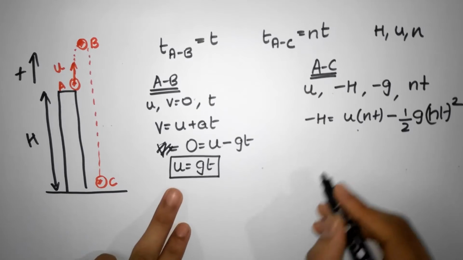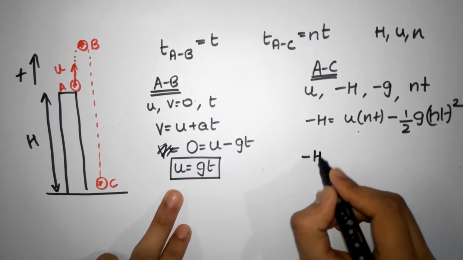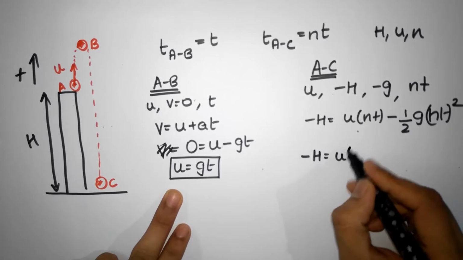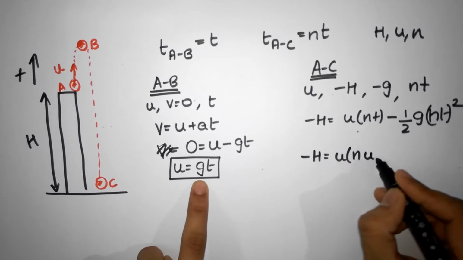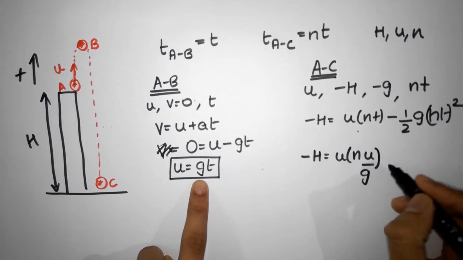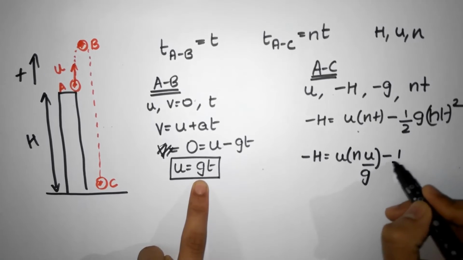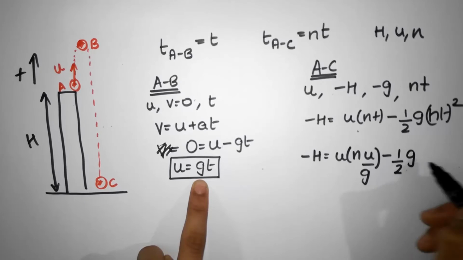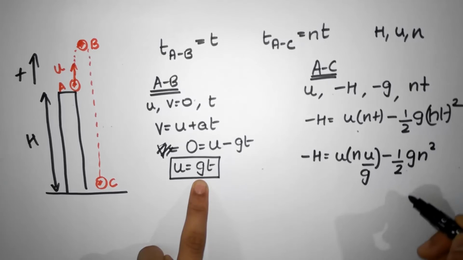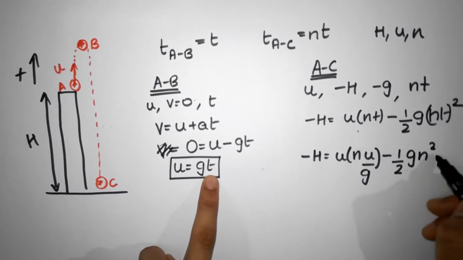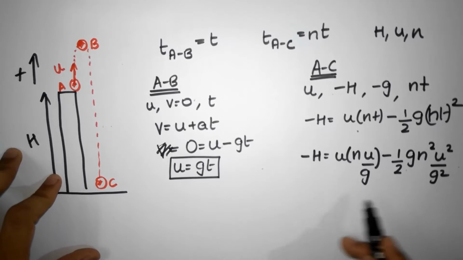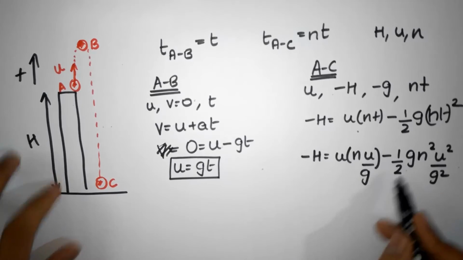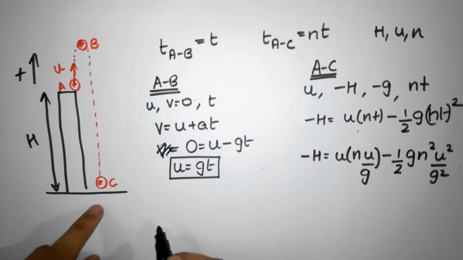Alright, let's do this. So minus h equals u times n, and t is u by g, minus half into g times n squared, and again you have t, which is u by g, squared. Let's simplify this over here somewhere.